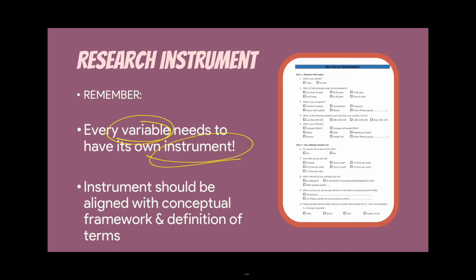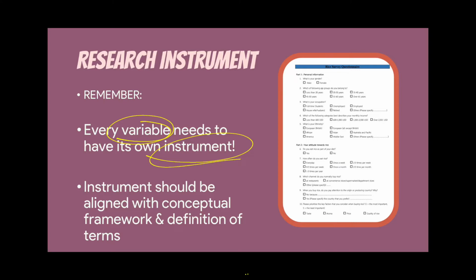And then, of course, each component of the variable, like for example, socio-demographic profile, you have age, gender, civil status, they also have to have their own indicators in the said instrument. Remember that if you leave out one variable or one component, that could mean a revision for you, and that could be problematic for your grade in the future.